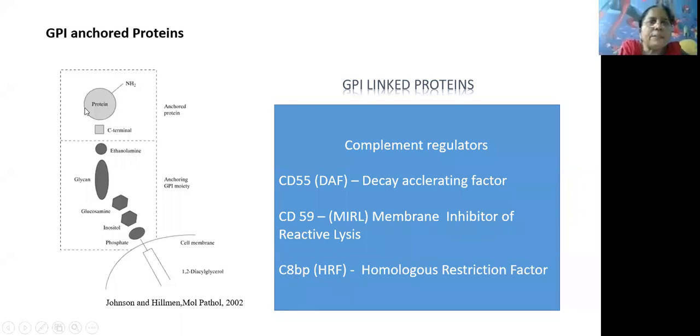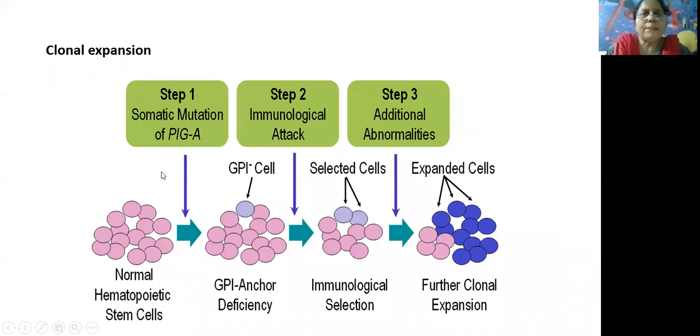So what happens is, this is an anchored protein. There is an amino terminal and the C terminal, and this is the cell membrane. This phosphatidylinositol, glucosamine, and glycan is the anchoring protein to the transmembrane proteins. Okay. So what happens is, there is a somatic mutation. Normal hematopoiesis is ongoing.